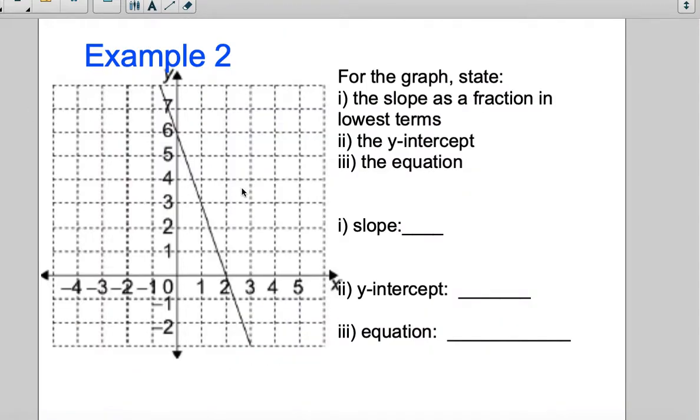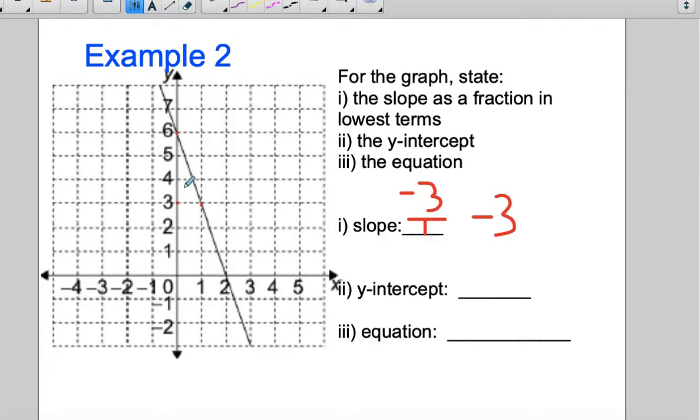Example 2 says, for the graph, state the slope as a fraction in lowest terms. So for the slope of this line, if we take a point on our graph, let's use this point here. So our slope is 1, 2, 3 down, so -3, and from this point we've got a run of 1. So our slope is -3.